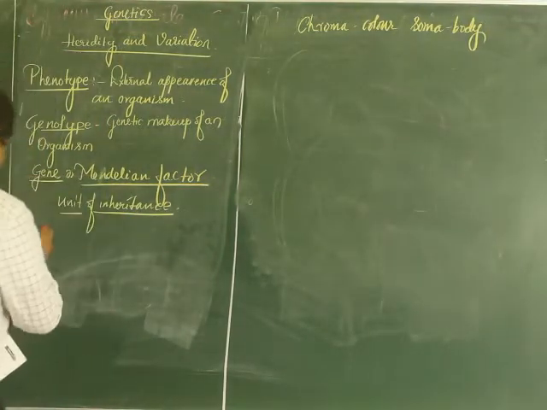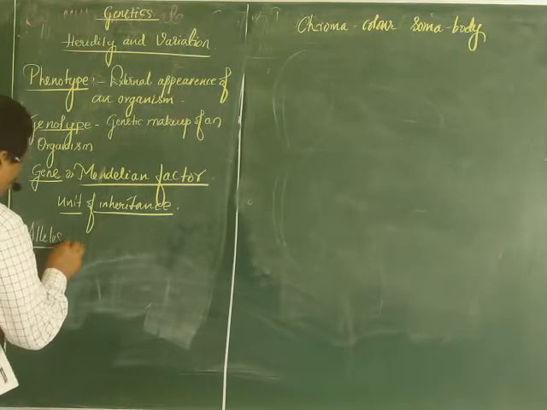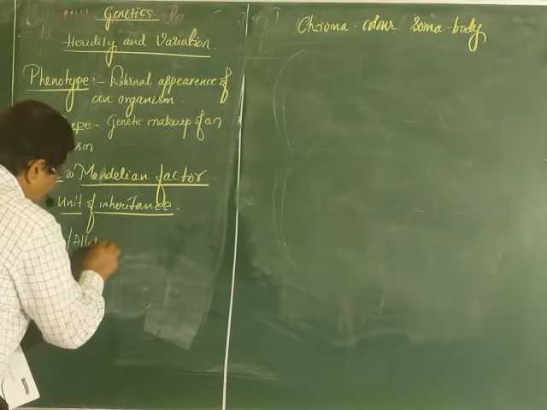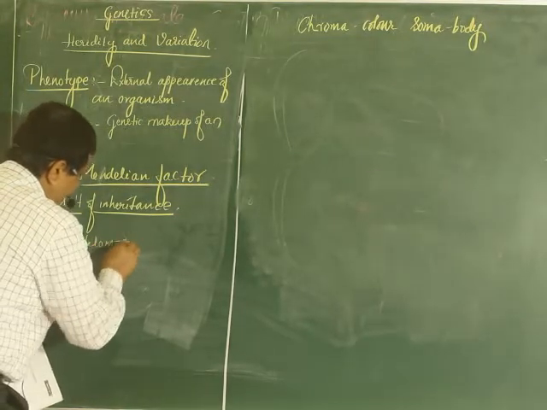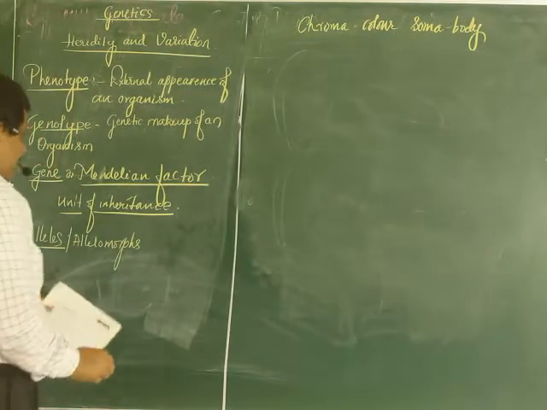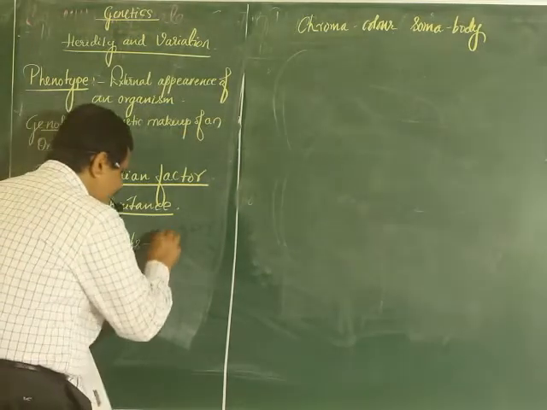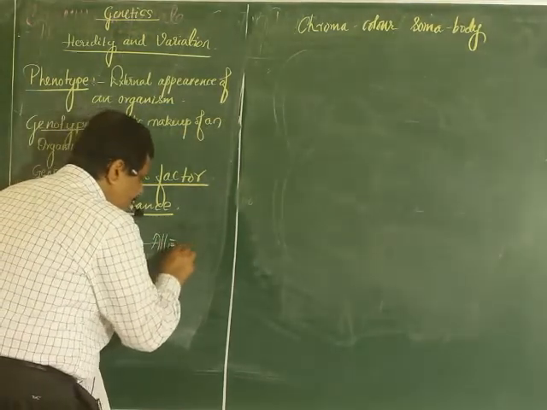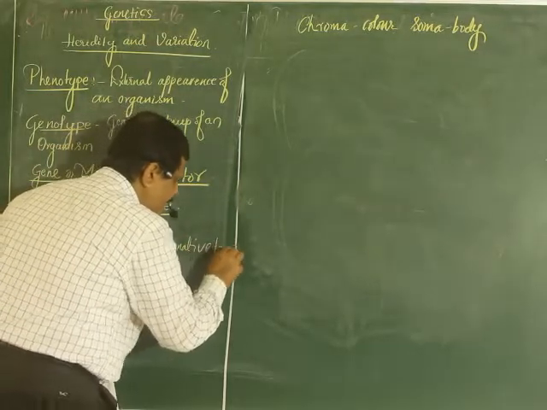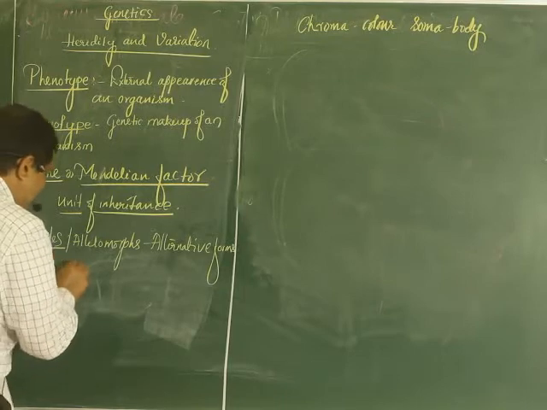Okay. Now, alleles or allelomorphs. This is alternative forms of a gene. Alternative forms of a gene is called allele.